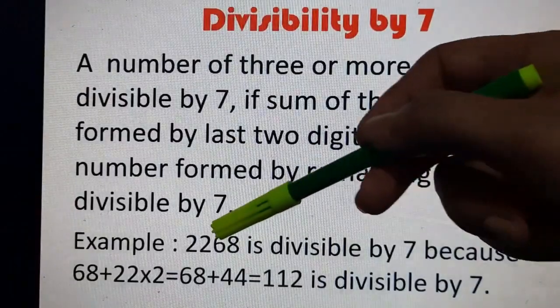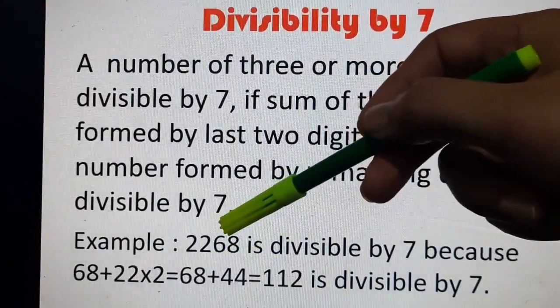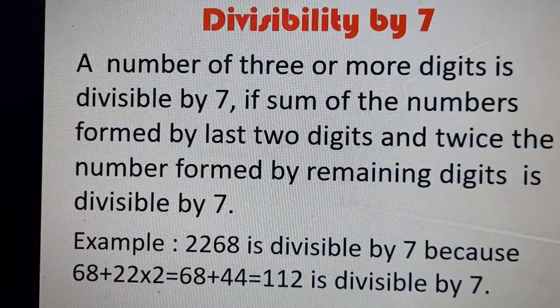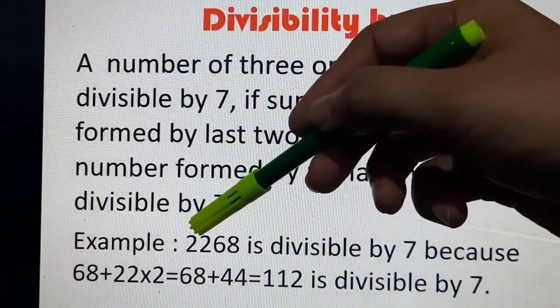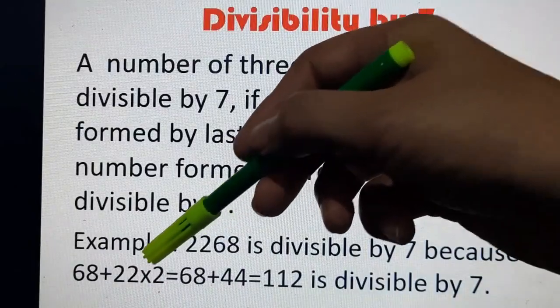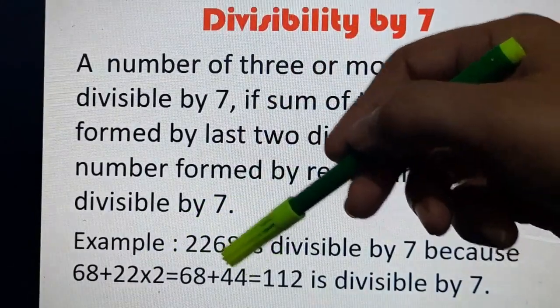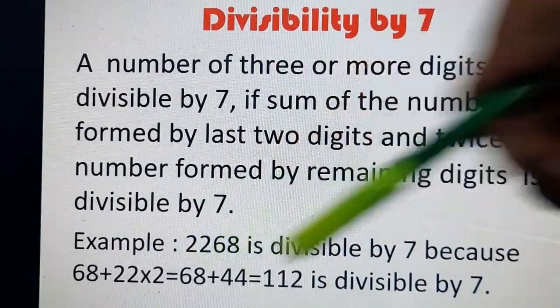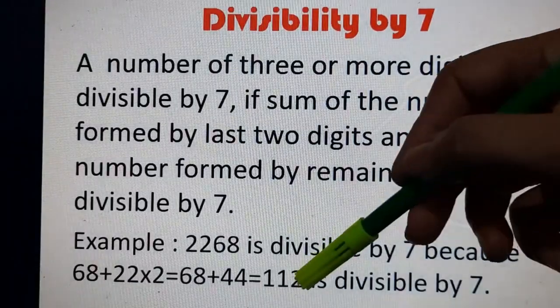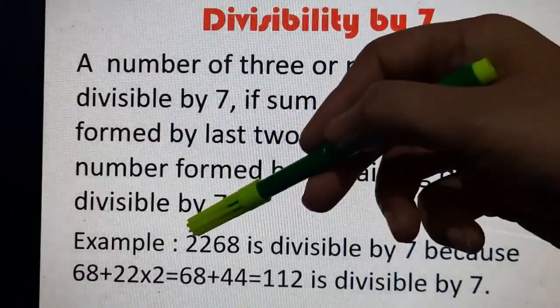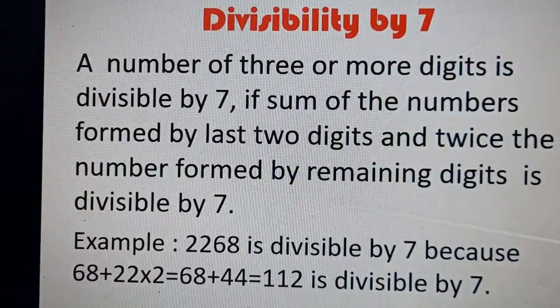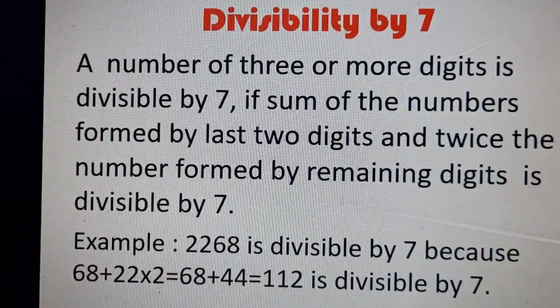Now see, the last 2 digits form the number 68. Now, remaining number का हमें double करना है. Remaining is 22. 22 twos are 44. 44 plus 68, that is 112. 112 is divisible by 7. Therefore, 2268 is divisible by 7. Got it?